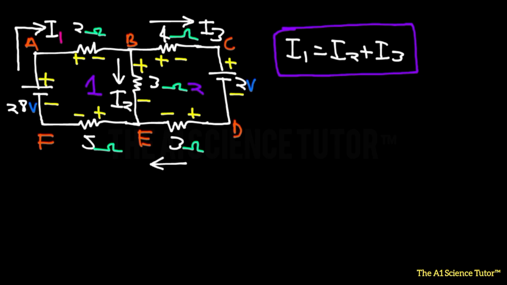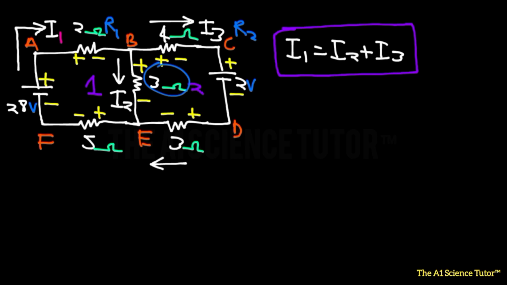Now the last thing you need to do is to label each resistor. So let's say this resistor is R1. Let's say this one is R2. That is this resistor. Let's say this one is R3.